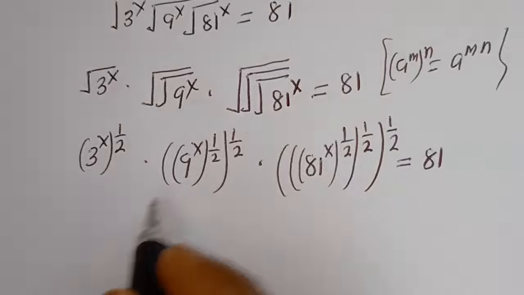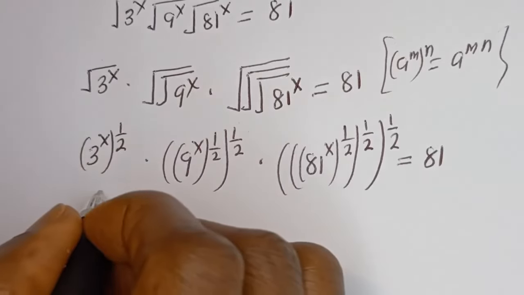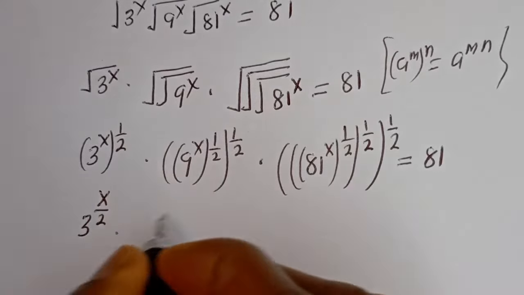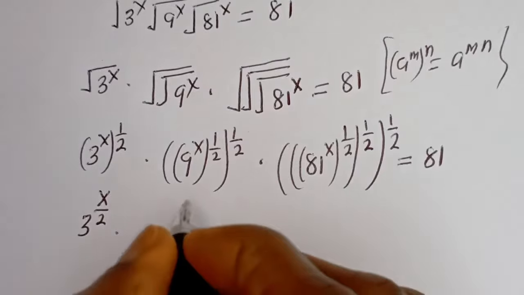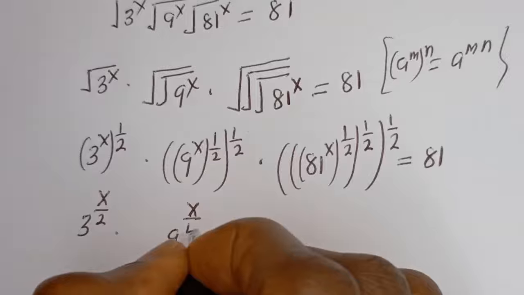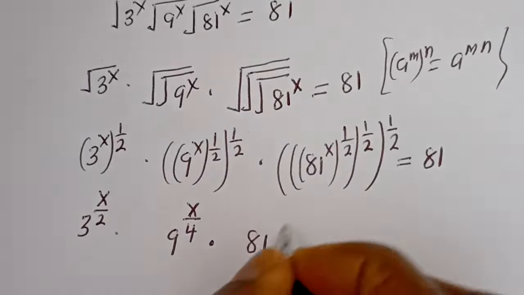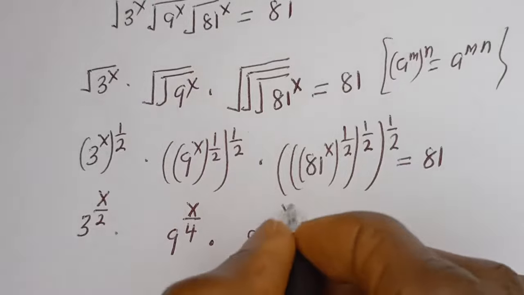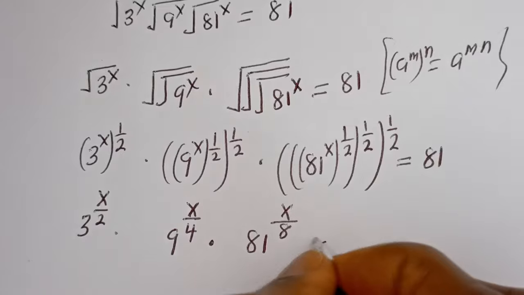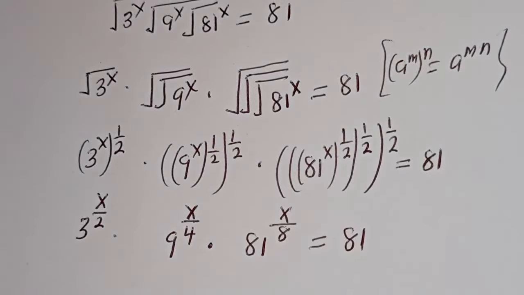So this can be written as 3 to the power of x over 2 multiplied by 9 to the power of x over 2 times 2, that is 4, multiplied by 81 to the power of x over 2 times 2, 4 times 2, that is 8, is equal to 81.